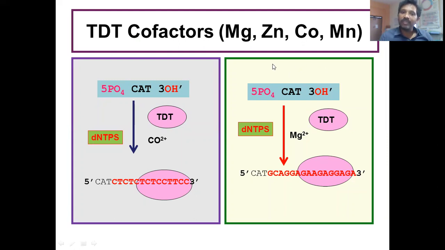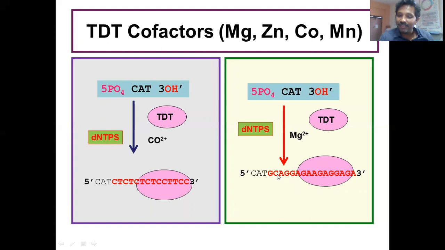When it is using magnesium as a cofactor, there is a preference. It can add only purines. There is a priority to purines in the polymerization. You provided the 4 nucleotides, but still, in the presence of magnesium, it will add guanine and adenine.